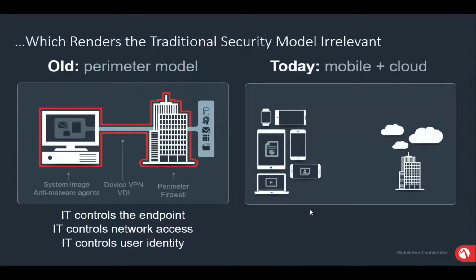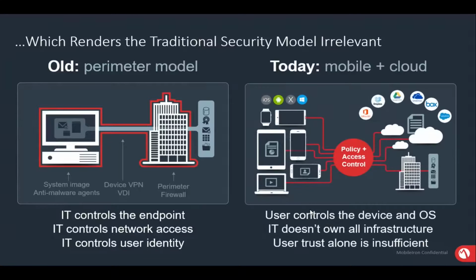Like I said in my previous slide, initially the traditional way of securing data was that IT had a perimeter firewall, a data center, and VPN. Whenever users wanted to access their resources, they had to get onto the VPN to reach internal resources.